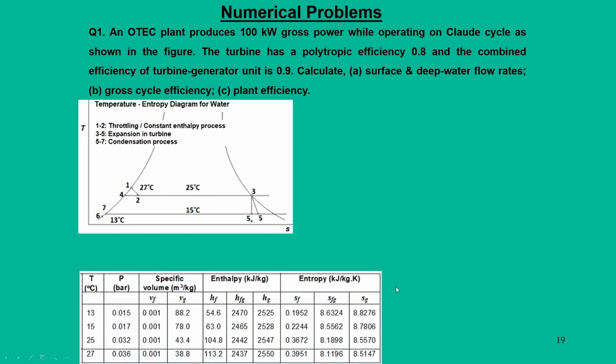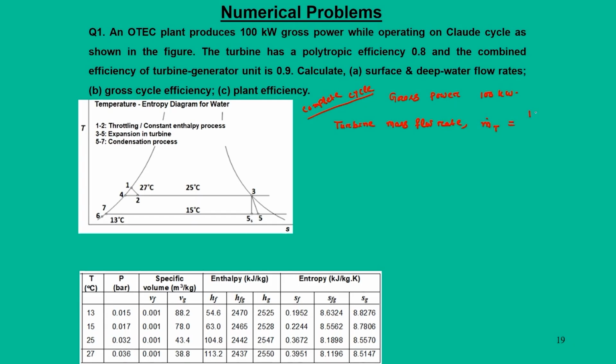Then move to the complete cycle. For the complete cycle we have information on total power or gross power, which is 100 kilowatt, and we need to find the turbine mass flow rate, that is m dot t.